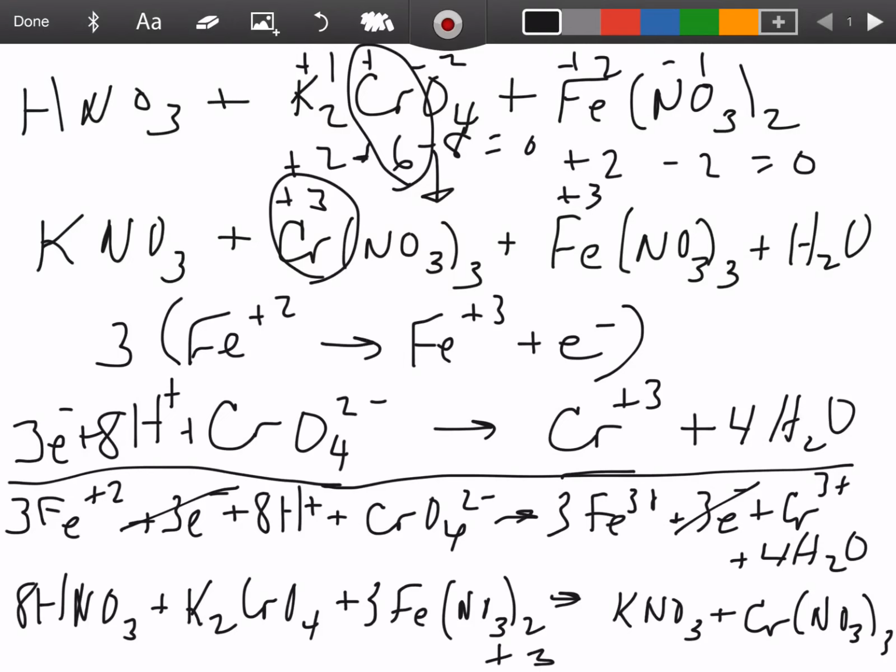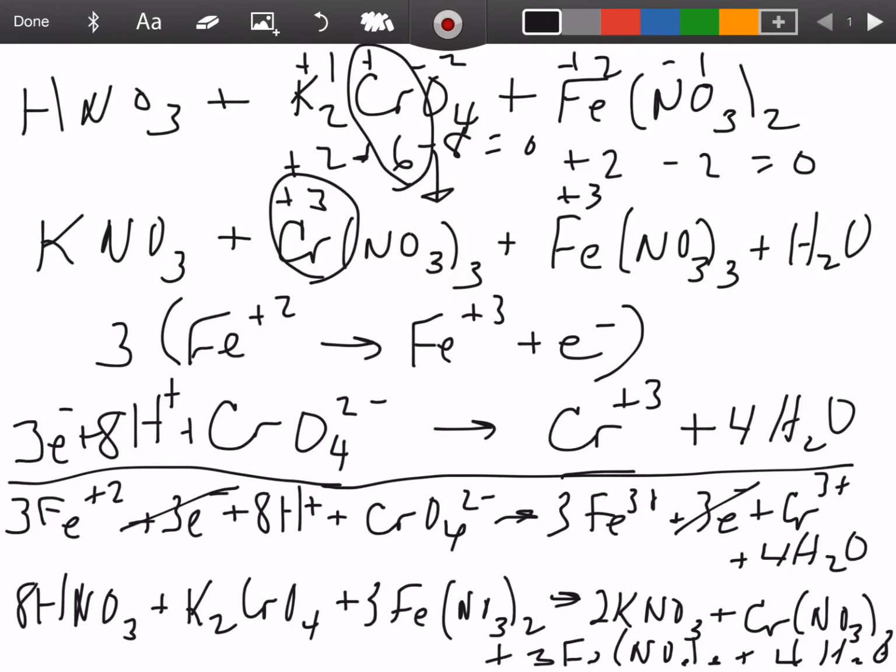I'm going to need 3 of those Fe(NO3)3, and then the last thing is the water, and according to the reaction right above, I'm going to need 4 water molecules. Alright, so that's a balanced chemical equation with the exception of the nitrates and the potassiums. On the left-hand side I have 2 potassiums, so I'm going to need 2 potassiums on the right, and now I should have a balanced chemical equation.